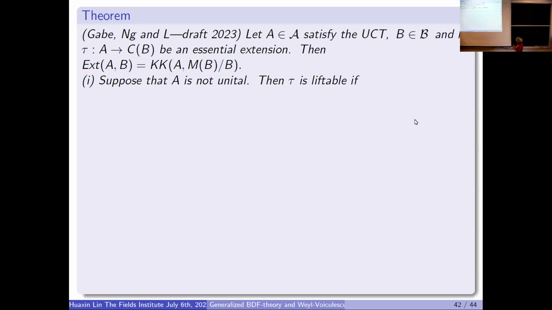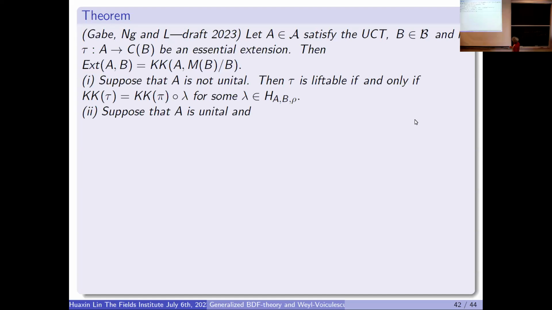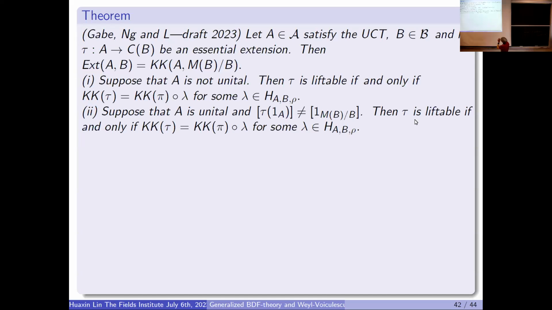Say if A is non-unital and an extension is liftable if and only if something happens, then we can describe it. It's quite technical, but can be decided. Unital and non-unital have to be different kinds of statements. If A is unital and this element is not the same as the unit in the quotient, then tau is liftable if and only if almost the same statement.